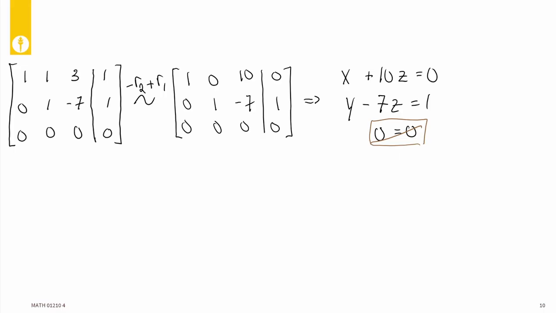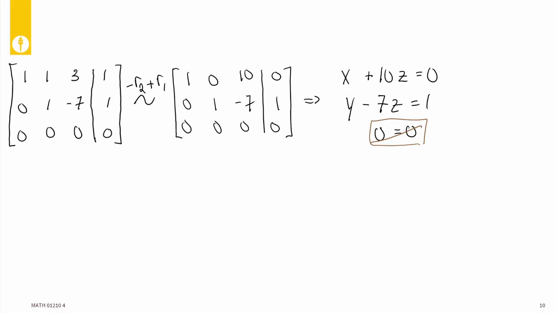We now have a system of 2 equations and 3 unknowns that has an infinite number of solutions. That means one of the variables is what's called free. It's a free variable. It can be whatever you want it to be.